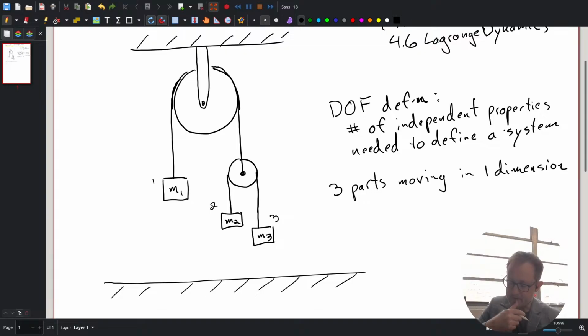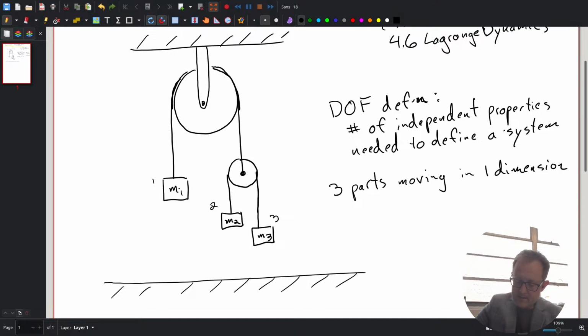So I have these 3 moving things, and I'm ignoring the pulleys for now. And we can come back to that if we want to try it.